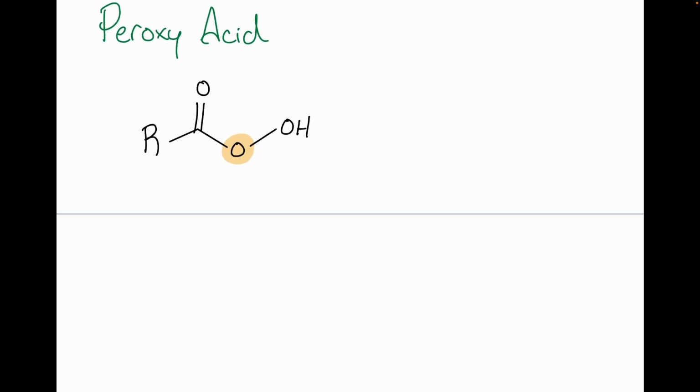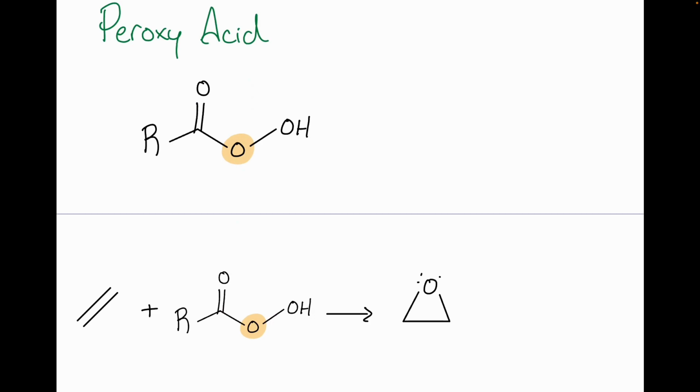Again, it will take an alkene plus our peroxy acid. And by some magic, it is able to insert that oxygen between that existing carbon-carbon bond, right? So it takes that carbon-carbon pi bond and it sticks an oxygen in the middle of it.